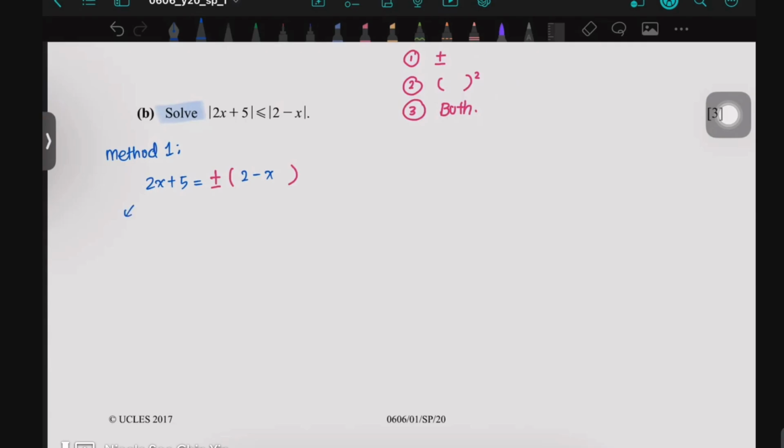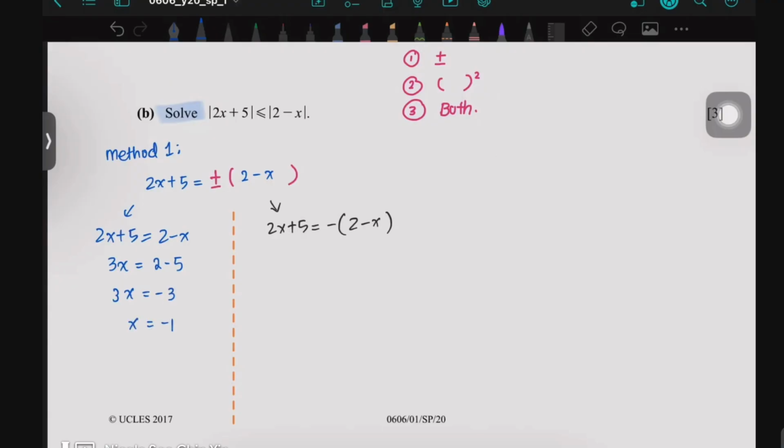So I split: 2x plus 5 equals 2 minus x. The other side, I will put 2x plus 5 equals negative bracket 2 minus x. For the first one, when I work it out, I get 3x equals 2 minus 5, so 3x equals negative 3, x equals negative 1.